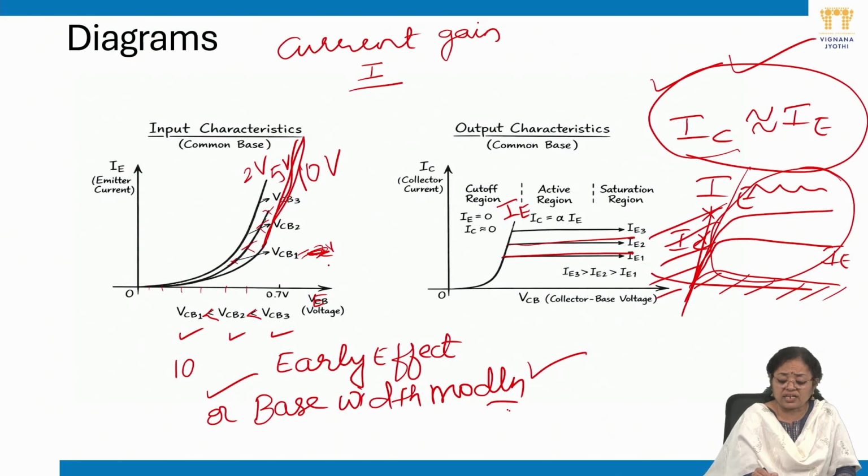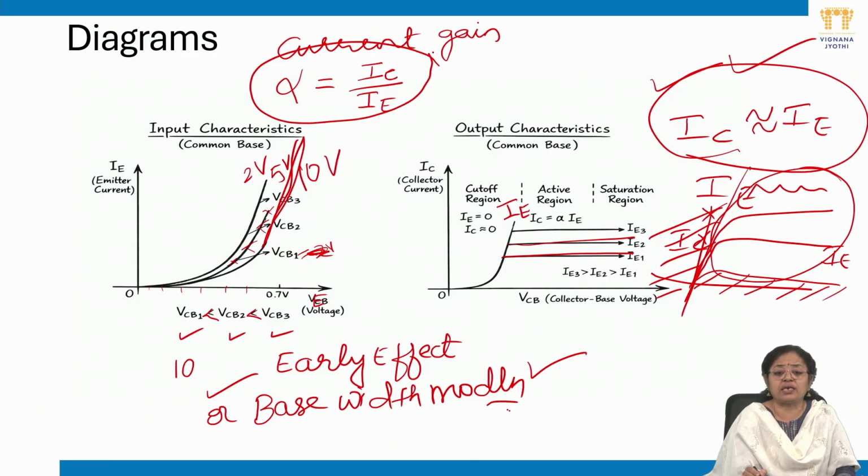So current gain is denoted for common base by alpha. Alpha is equal to output current, which is IC, over input current, which is IE. So current gain is equal to IC by IE. And just now we have seen that IC is approximately equal to IE, so both almost cancel.